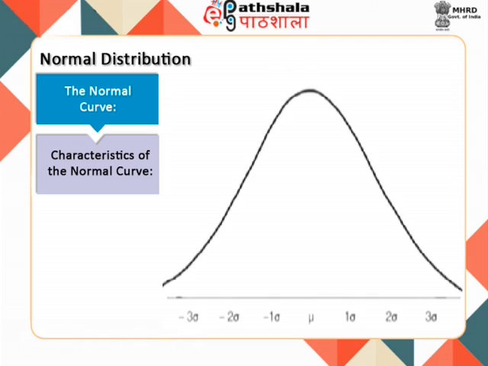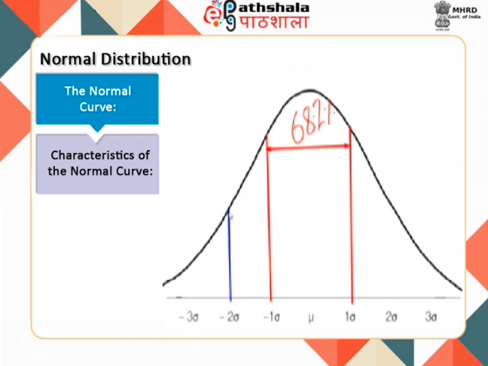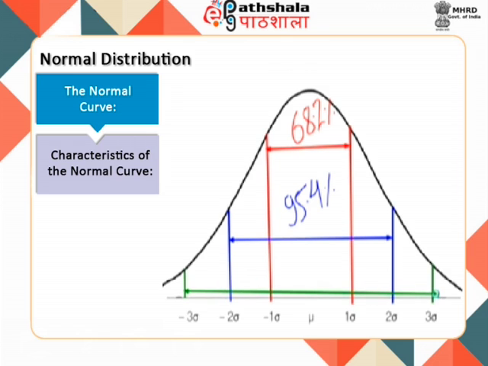In a normal distribution curve, about 68% of the total scores lie between plus minus 1 standard deviation. About 95% of the total scores occur between plus minus 2 standard deviations. About 99.7% of the total scores occur between plus minus 3 standard deviations.